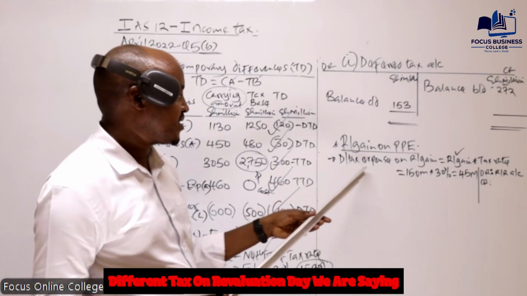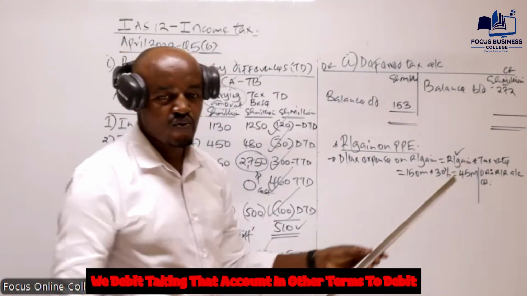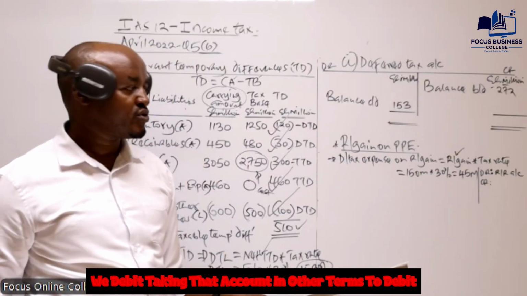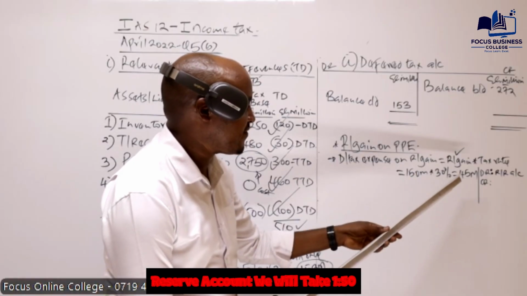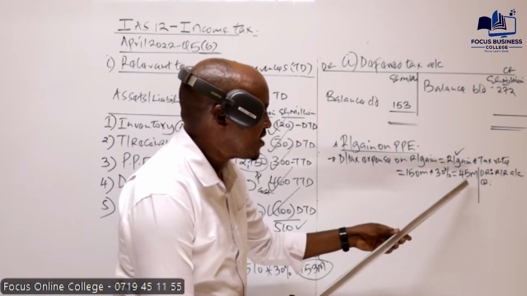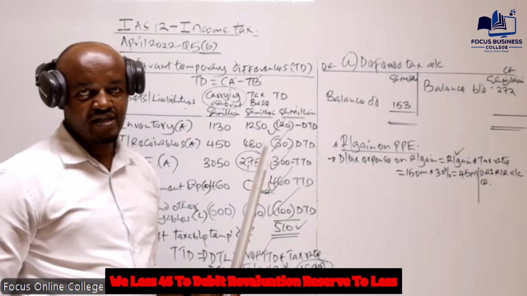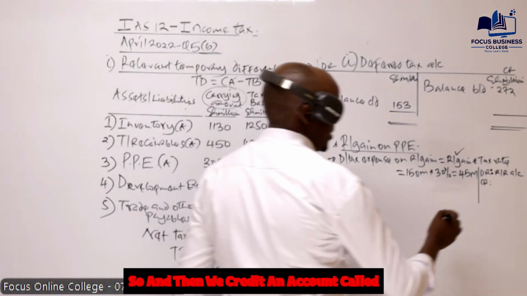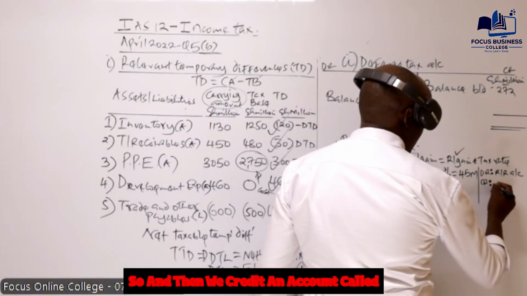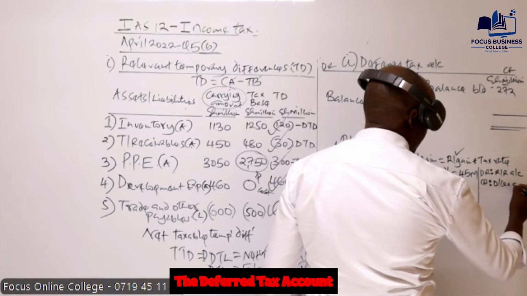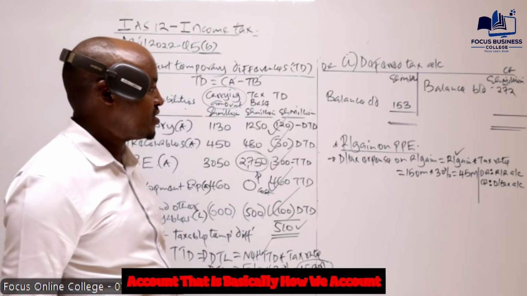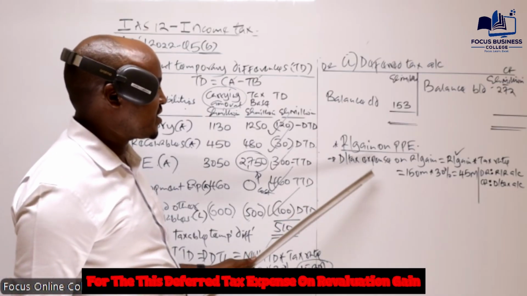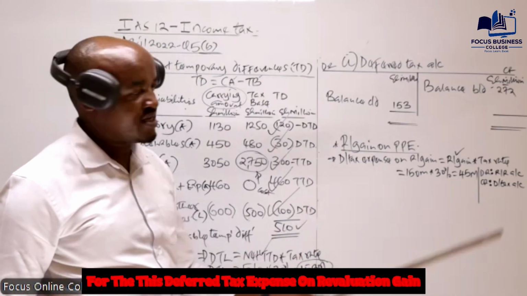Now, this deferred tax on revaluation gain, we debit it in that account. In other terms, when transferring this amount to the revaluation reserve account, we take 150 less 45. To debit the revaluation reserve is to deduct. Then we credit the deferred tax account. That is basically how we account for this deferred tax on revaluation gain.